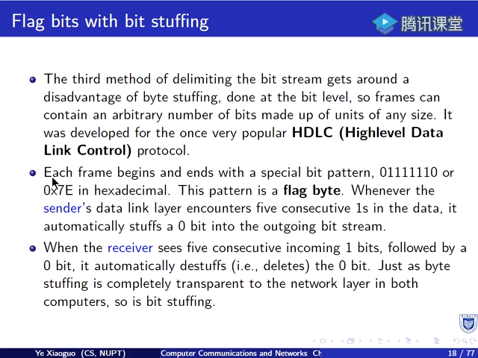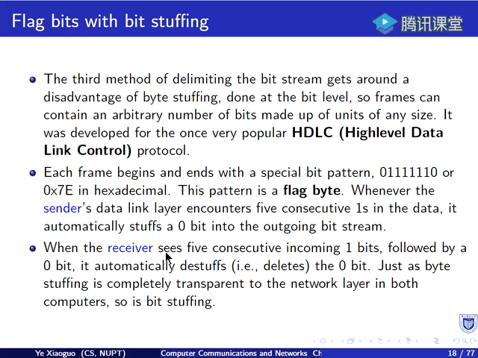On the sender's machine, whenever the sender's data link layer encounters 5 consecutive ones in the data, it automatically stuffs a 0 bit into the outgoing bit stream.